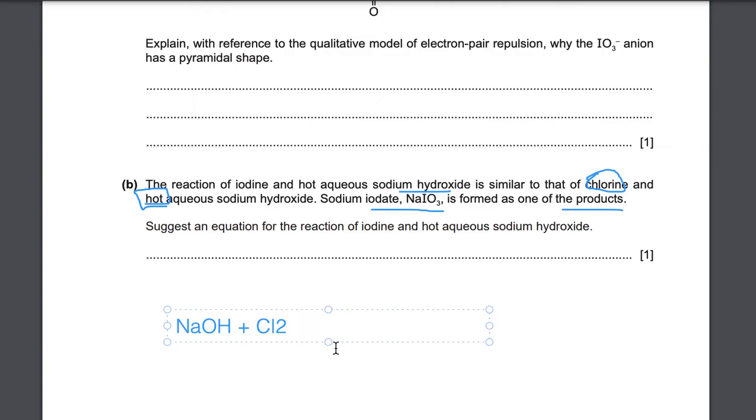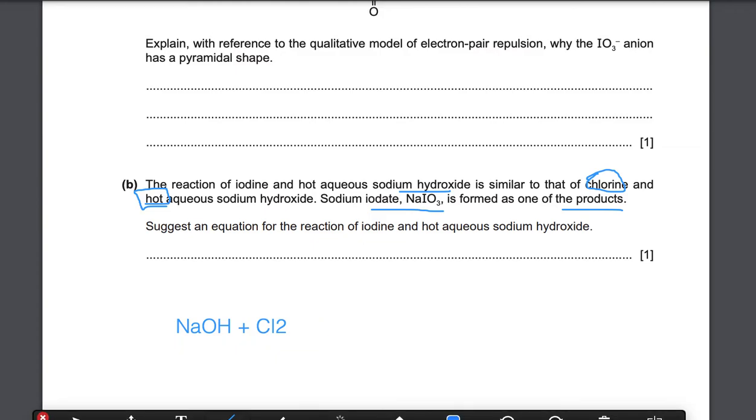Alright, which gives us, let me draw an arrow. Okay, so we draw an arrow and write NaCl plus NaClO3 plus H2O.